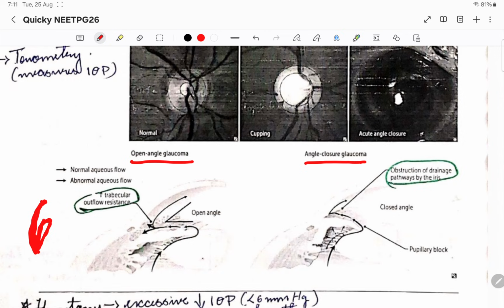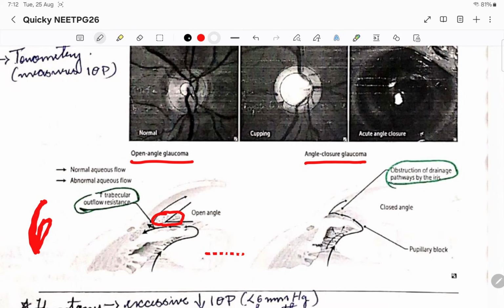Now suppose the angle is open, but the trabecular meshwork has been affected, so there has been a block in the drainage. Trabecular meshwork is nothing but a drain. This is a mesh. We all have drains in our homes, near the sink and all. This is how the trabecular meshwork looks, like a mesh.